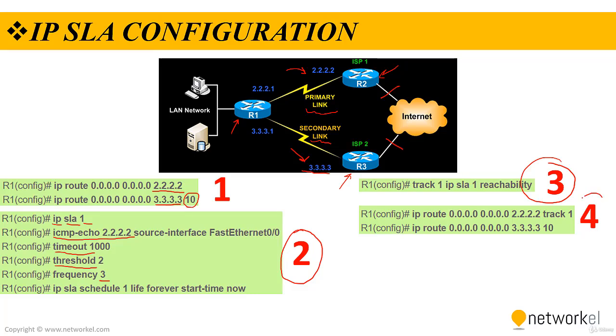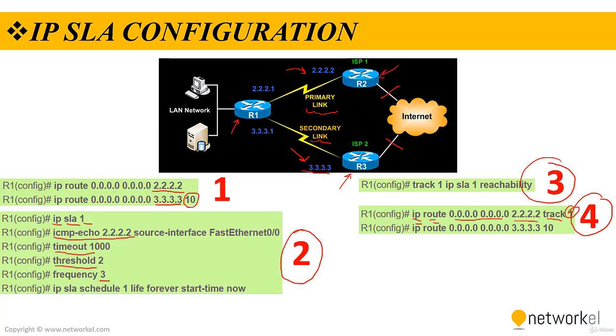The last step is the fourth step in here, you can see. The last step in the IP SLA reliable static route configuration is to add the track statement to the default routes pointing to the ISP routers, as shown in here. So you can see in here IP route 0.0.0.0 0.0.0.0 2.2.2.2 track 1.